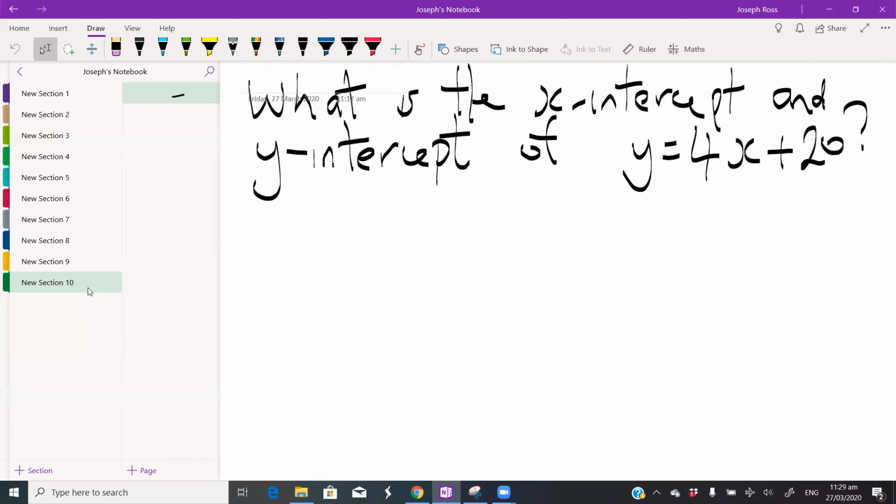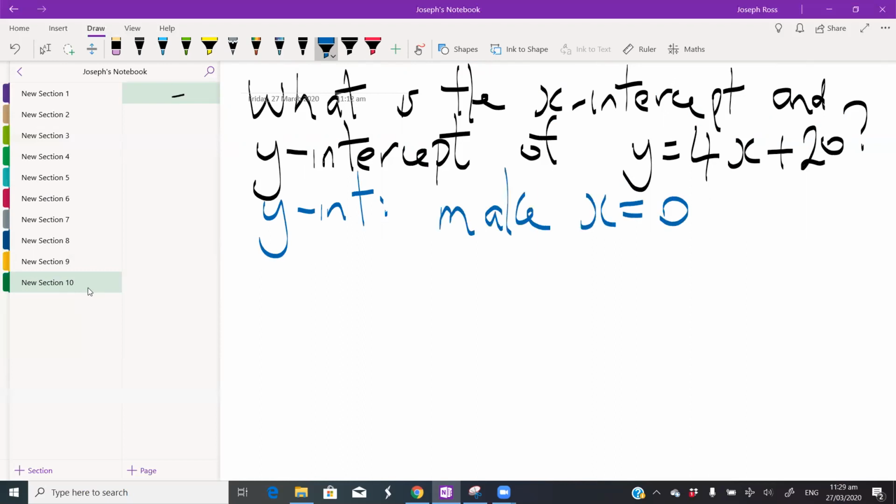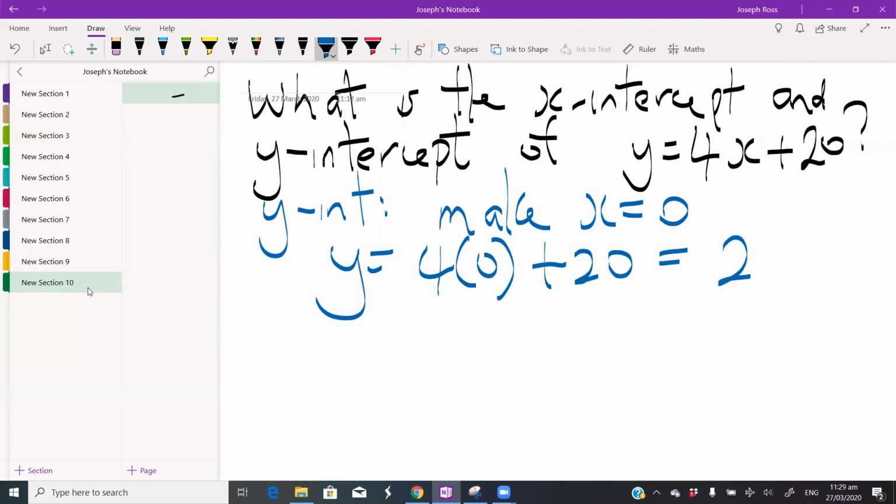So we'll start with the y-intercept. For the y-intercept, we make x equal to 0. If we substitute that into your equation, 4x plus 20, we get 4 times 0 plus 20, which is going to be 20. So a y-intercept of 20.